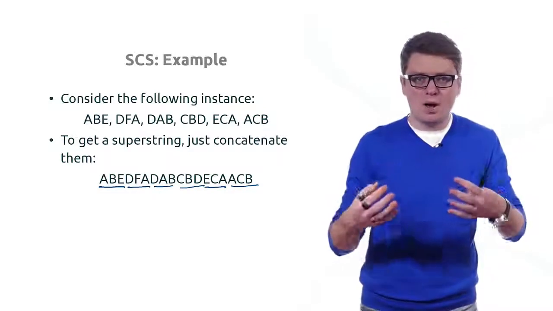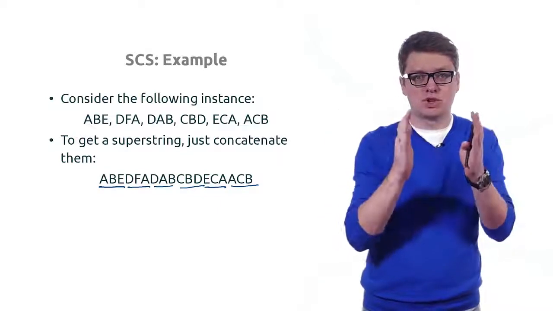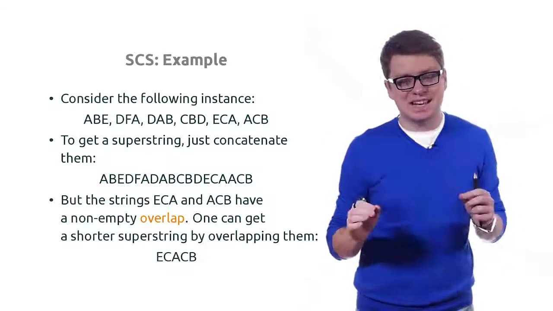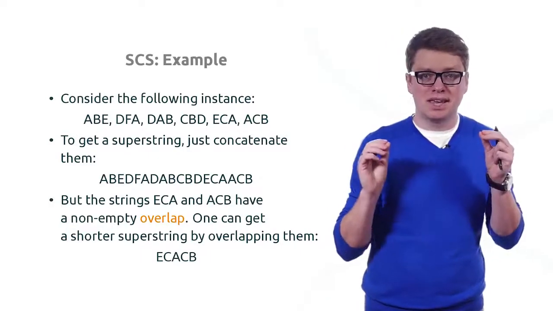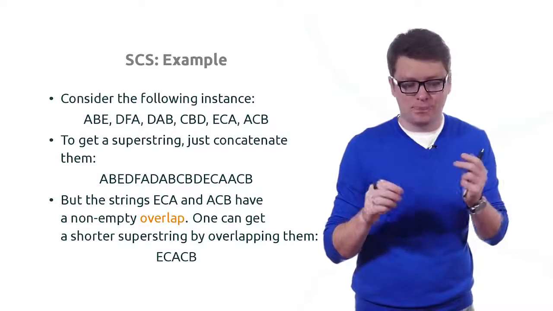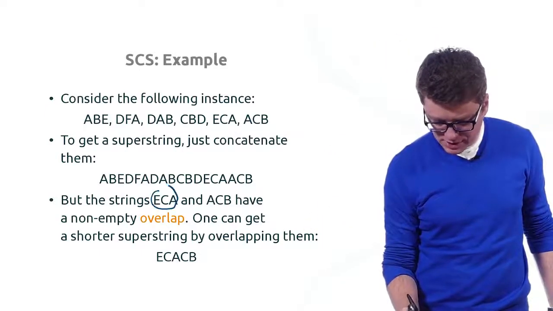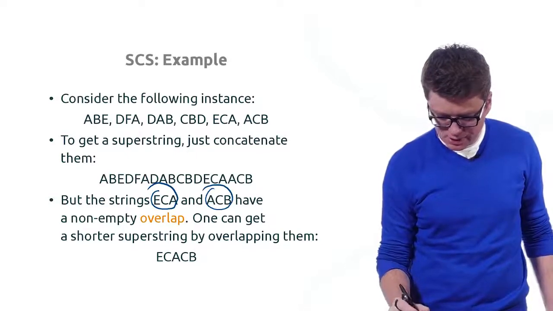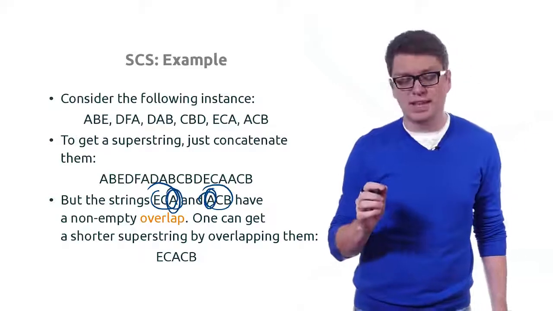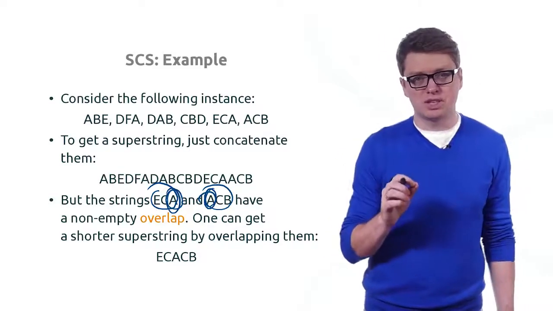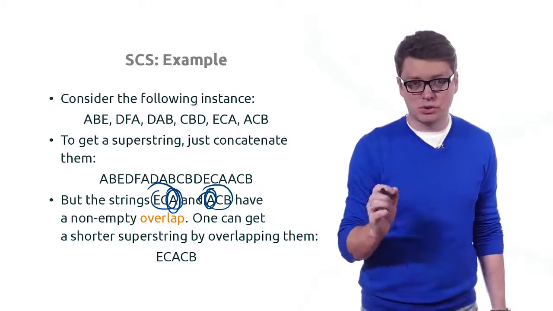And the reason why sometimes it is possible to have a shorter superstring is exactly because some pairs of input strings have non-zero overlap. So for example, if we have strings ECA and ACB, as you see, they share a suffix of length 1: the suffix of the first string, which is A, is the same as the prefix of the second string, which is also A.